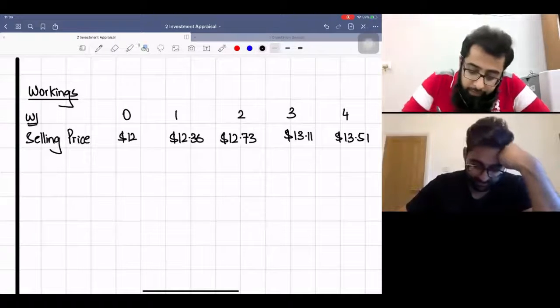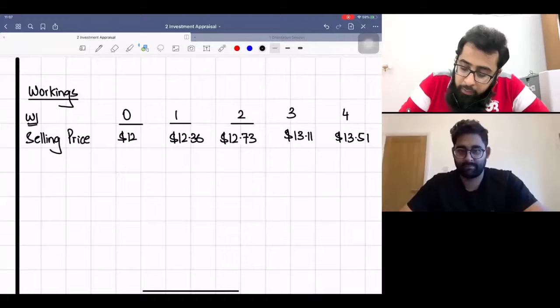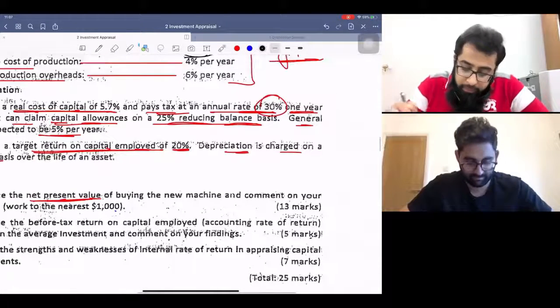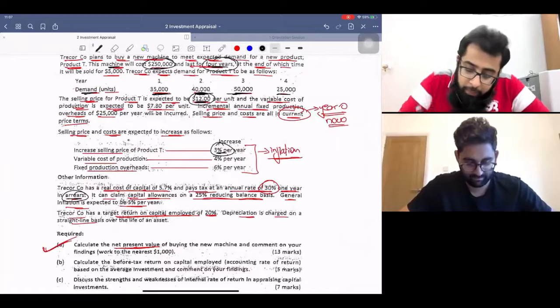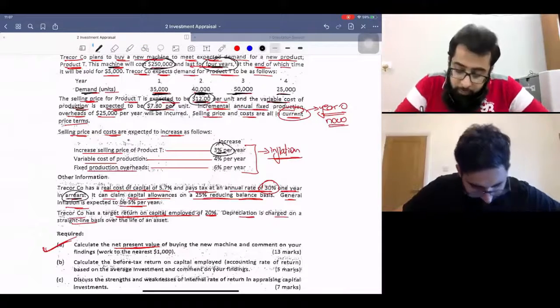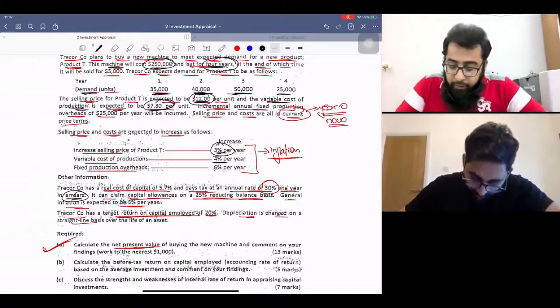Okay. Now, if you talk about variable cost, the variable cost of production is expected to be $7.8 per unit and it will increase by 4% per year.